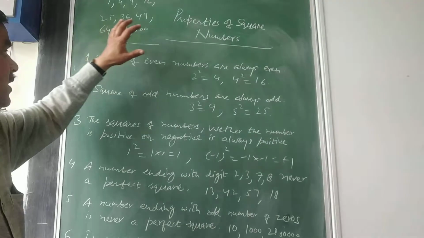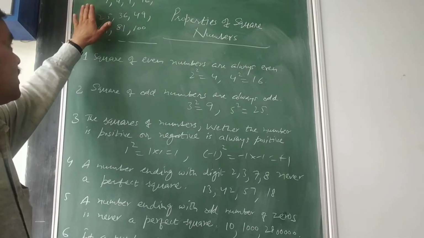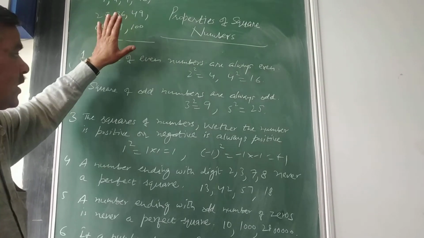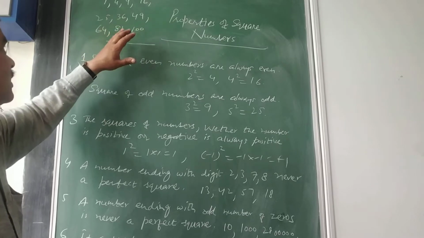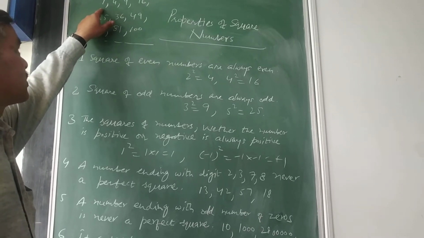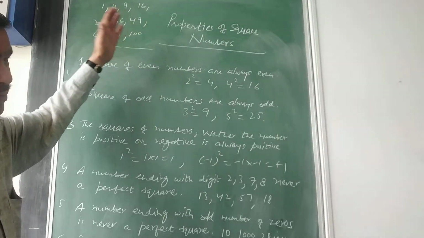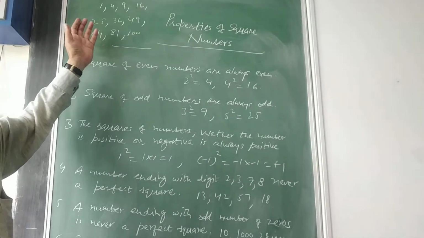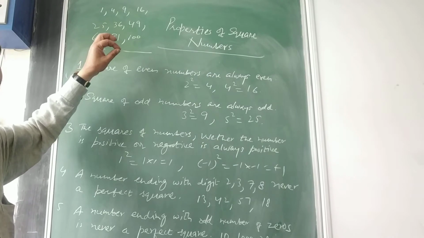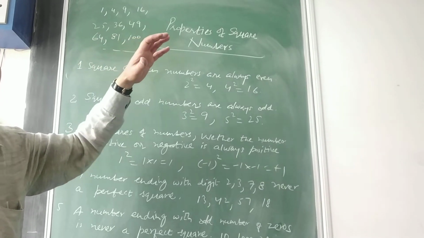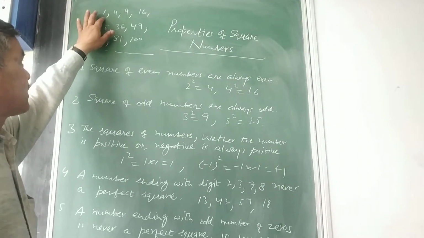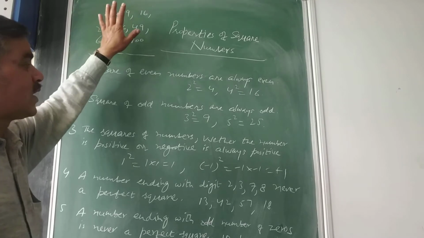Very interestingly, now you can see, suppose up to the first 10 numbers, 1 to 10, I find 1 is a perfect square, 4 is a perfect square, 9 is a perfect square. If I am speaking from a single digit point of view, like 1, 2, 3, 4, 5, 6, 7, 8, 9, then 1, 4 and 9 are perfect squares.